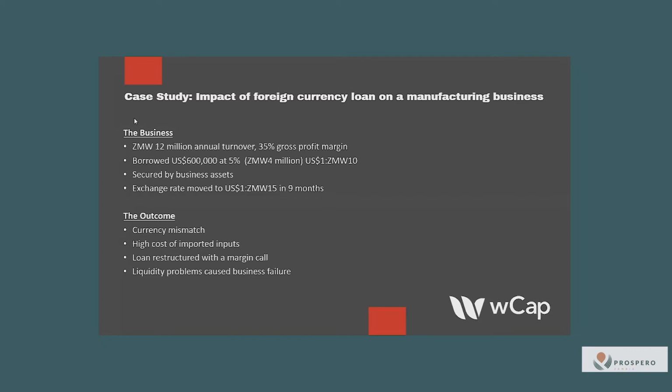So the exchange rate moved from 10 kwacha to 15 kwacha per dollar in a space of 9 months after borrowing this $600,000. The outcome was, because sales were in kwacha, it caused a currency mismatch, and the timing of payments didn't match the loan repayment profile that was applied to this particular loan.